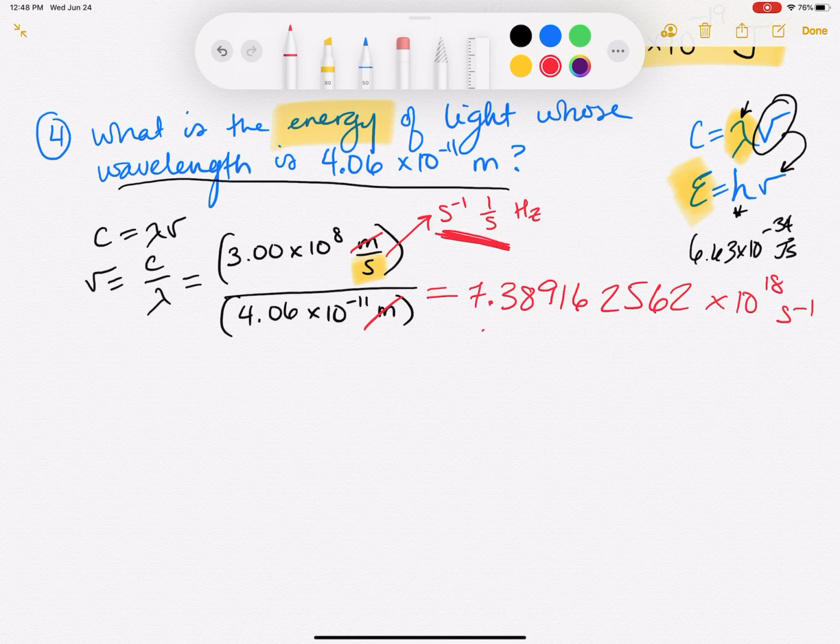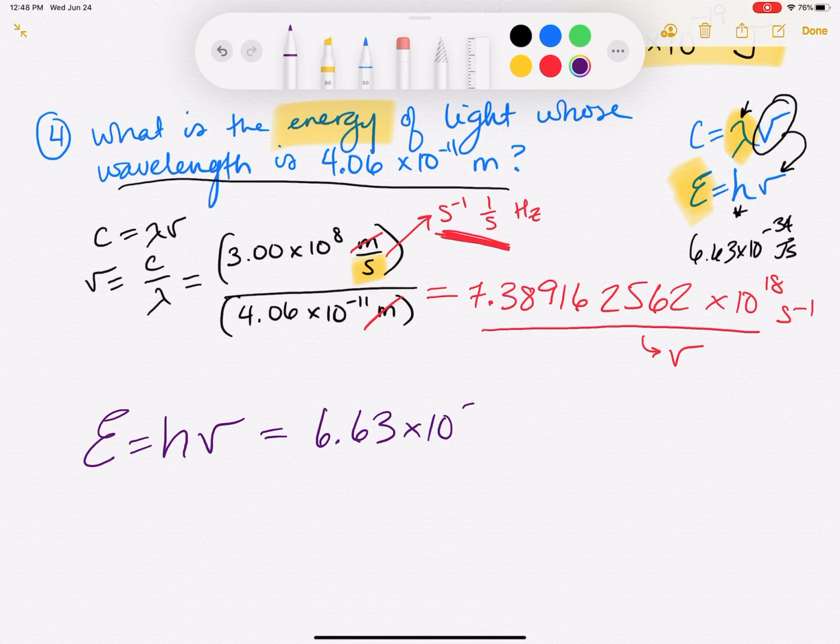So now that I have calculated my frequency, I can take that frequency and put it into my energy equation. So E equals h times frequency. H is my constant, Planck's constant, 6.63 times 10 to the negative 34 joules times seconds.